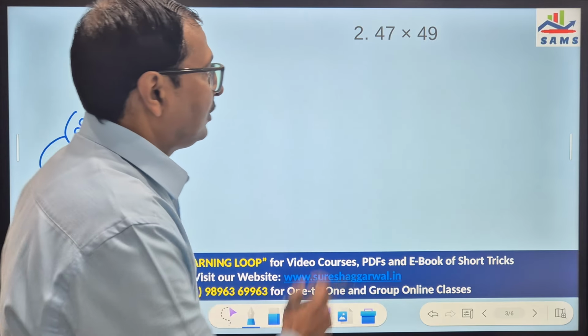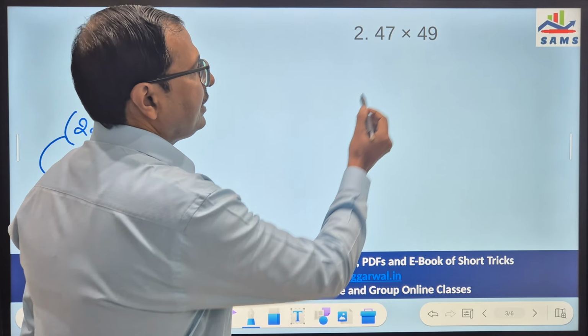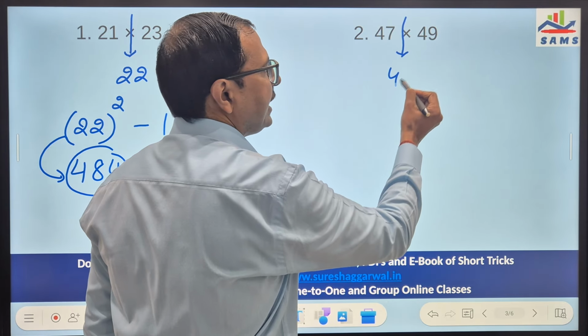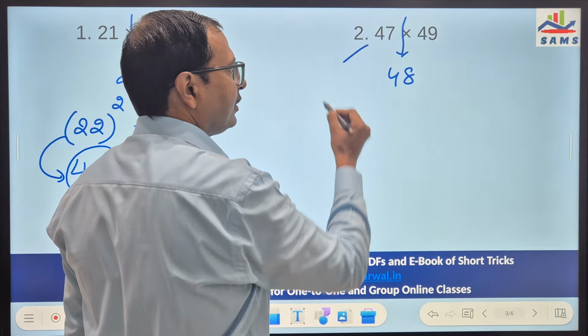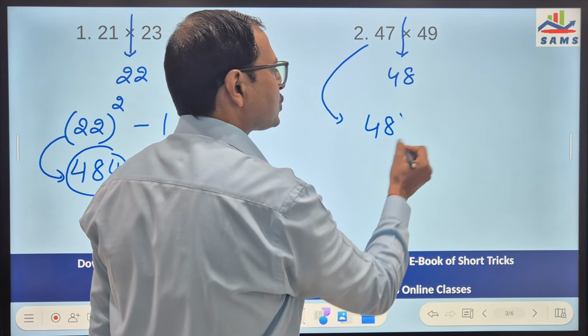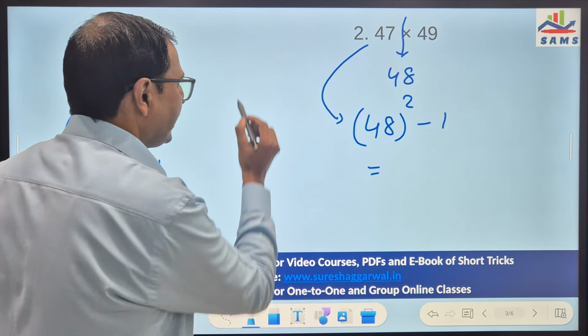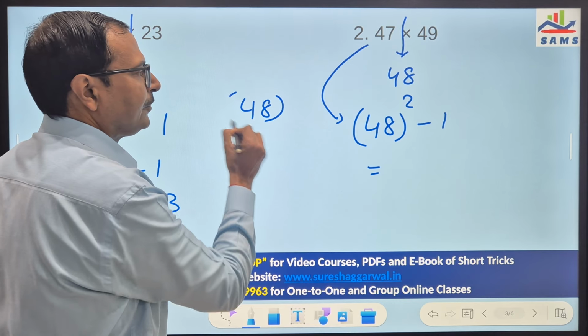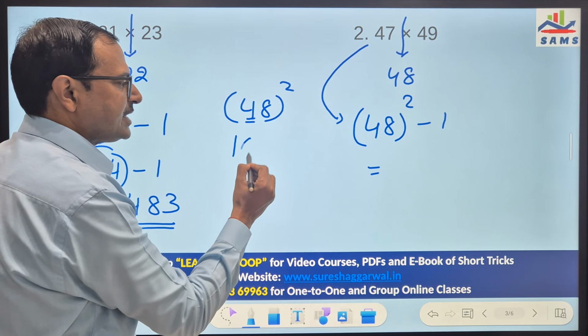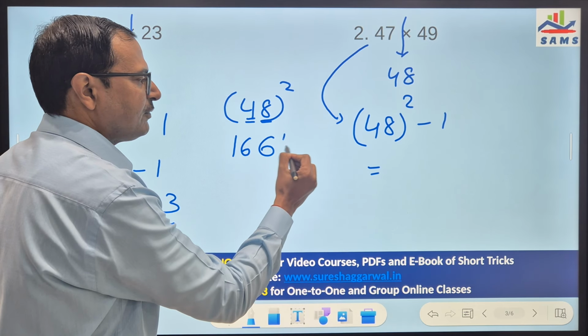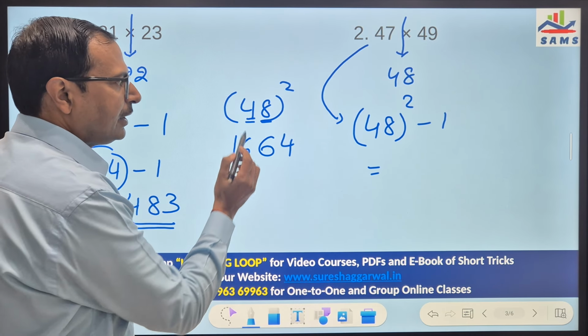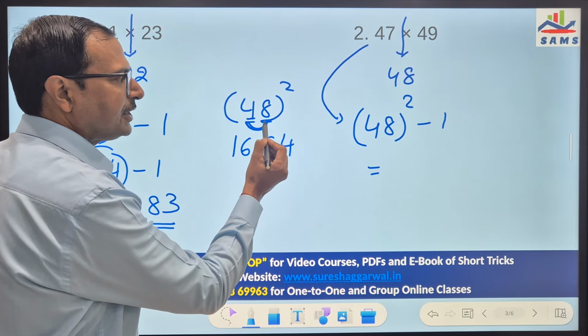But what about this question? Here we have the middle number as 48. So the product will be 48 square minus 1. And how do you do 48 square? Here we have the method. 4 square is 16, 8 square is 64. Write them together. 4 times 8 is 32.